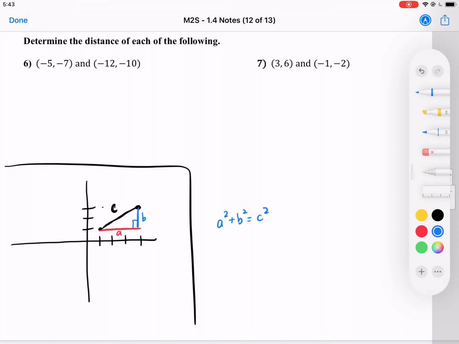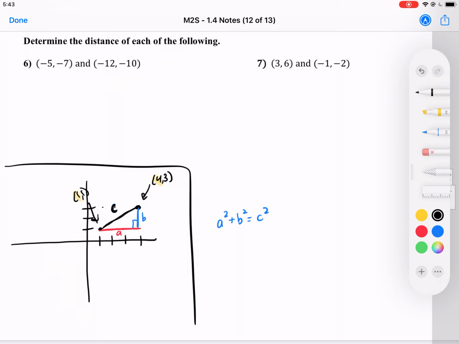Well, if you look at this, this point right here is (1, 1), and then the coordinate over here is (4, 3). If you look at just the x values, 1 to 4, there's a distance of 3 between those.